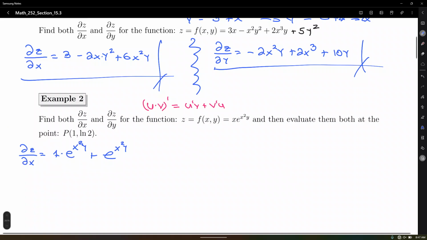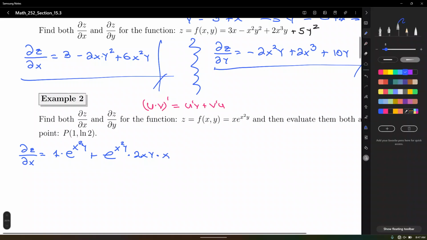So with respect to x, we differentiate the x squared. That'll be a 2x, but the y is multiplying, so that'll remain constant, giving 2xy. All right, that times the u, which is x.